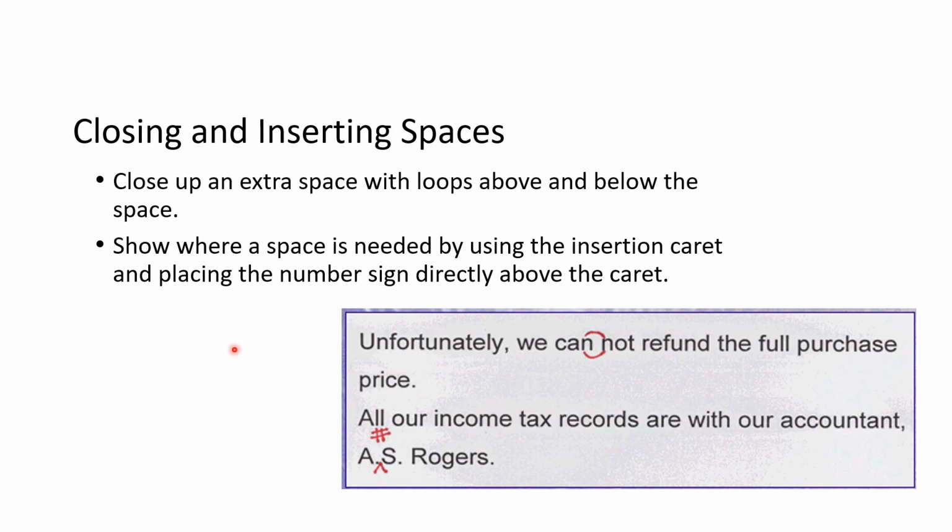To close up an extra space, you use loops above and below the space. So the words can and not should be joined together. There shouldn't be a space here. So to suggest that, you place loops above and below the space.